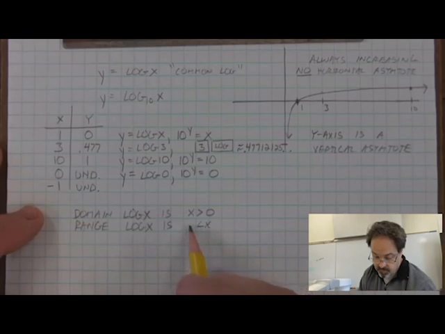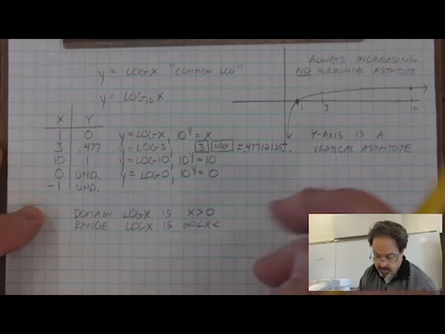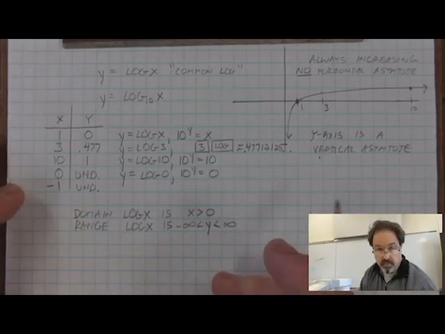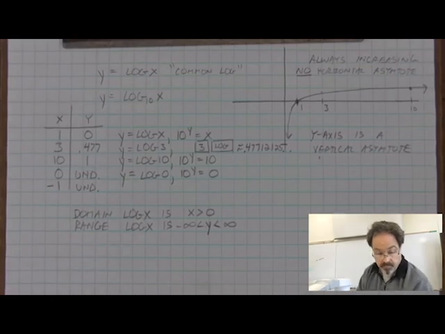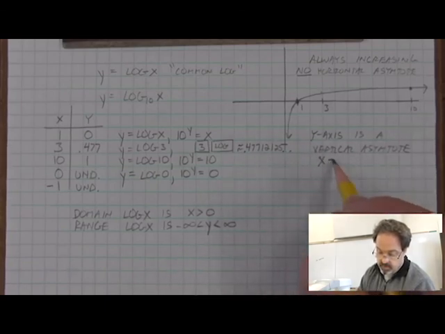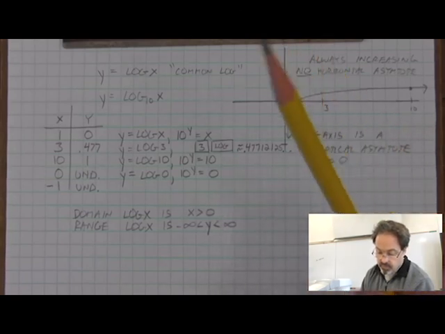As a double inequality, we could get as a y value anything between -infinity and infinity, all real numbers. The vertical asymptote is the equation x is equal to 0, which is the y-axis.